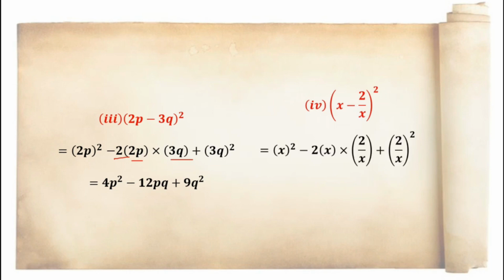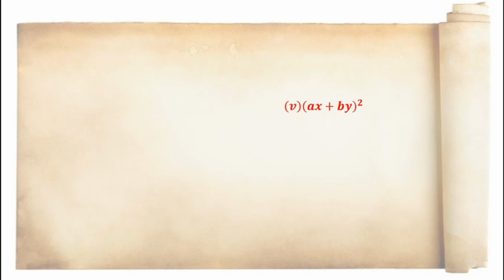So here you see it will be x raised to 2 minus 2 into x into 2 upon x plus (2 upon x) raised to 2, and that will be x raised to 2 minus 4 plus 4 upon x raised to 2, okay, like this. So we can manage it very easily, okay.